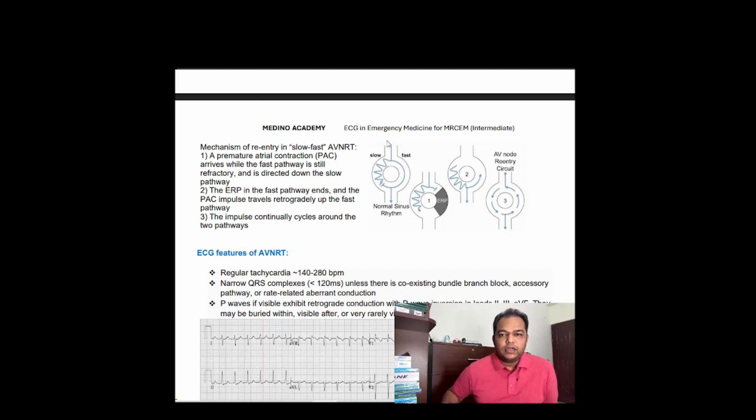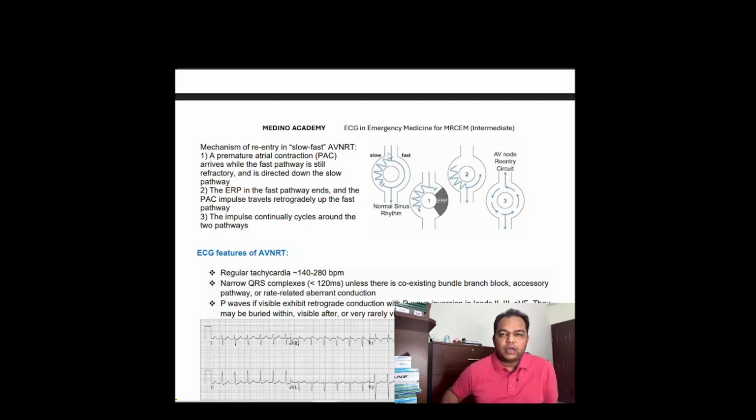You know that the lesion in the myocardium causes the slow pathway, and the viable myocardium causes the fast pathway. So this is the slow pathway and this is the fast pathway.